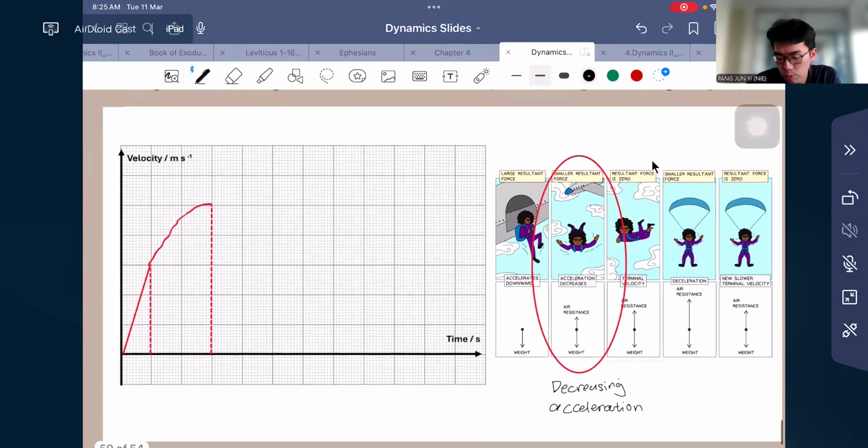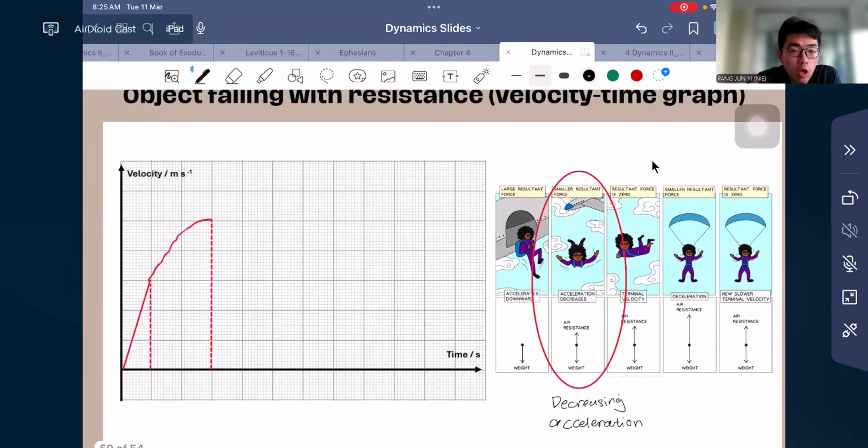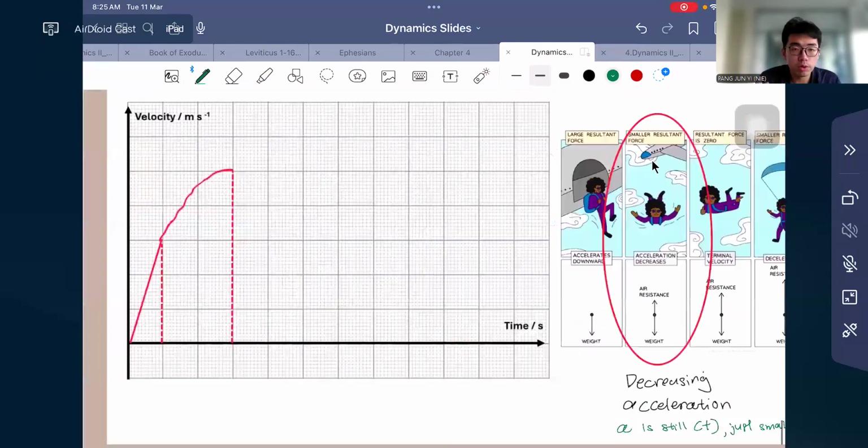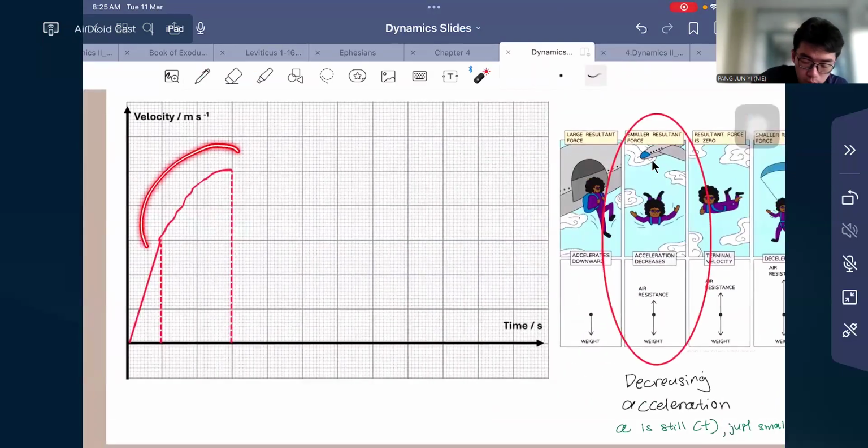So decreasing acceleration, what does it mean? Does it mean that my velocity stops increasing? Does it mean that my velocity decreases? No, because decreasing acceleration means that my acceleration a is still positive, just smaller. So the velocity is still increasing, just at a slower rate, and therefore the curve looks like that.